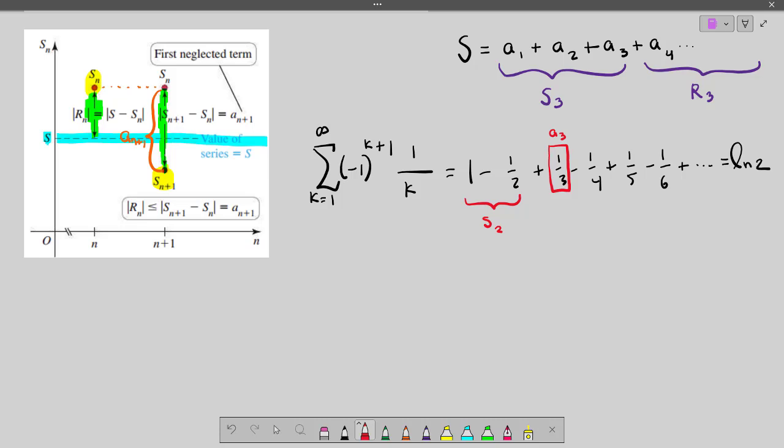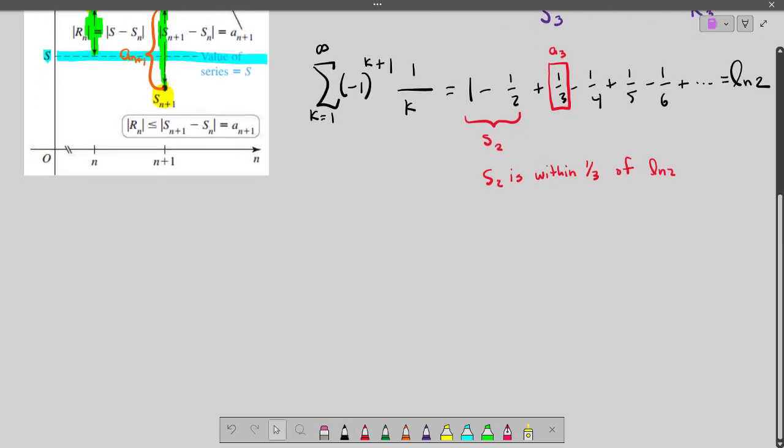It's the magnitude of the next term. What this is saying is that S sub 2 is within 1/3 of natural log of 2. So if you just look at the magnitude of the next term, that gives you a gauge on the error. That's what this is telling us.